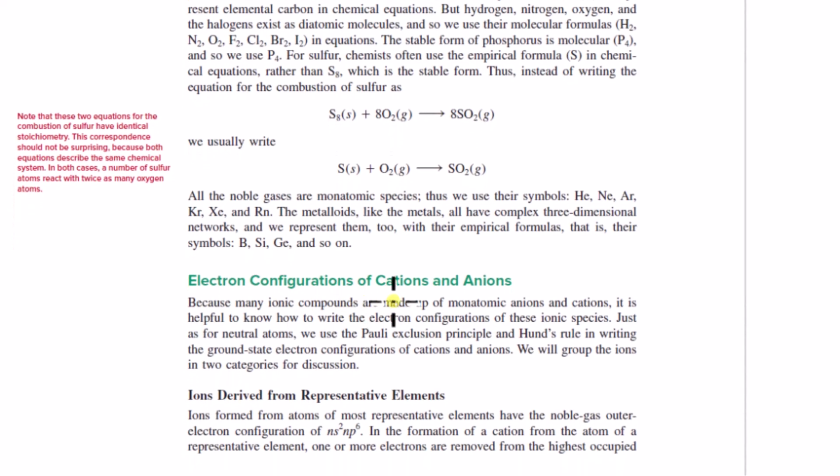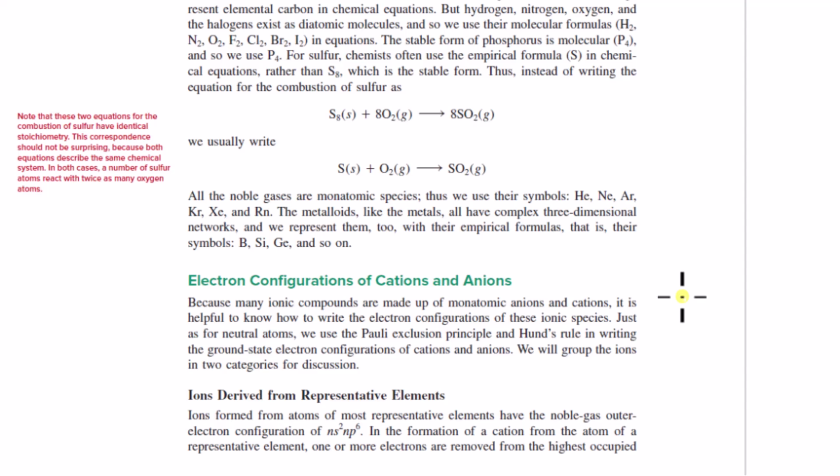Electron configurations of cations and anions. It's easy to get used to electron configurations of elements strictly in their ground neutral states. But just remember, we do have cations and anions, right? We are going to have elements with different electron configurations because they're bonded to other elements, which we'll talk about in the next two chapters.